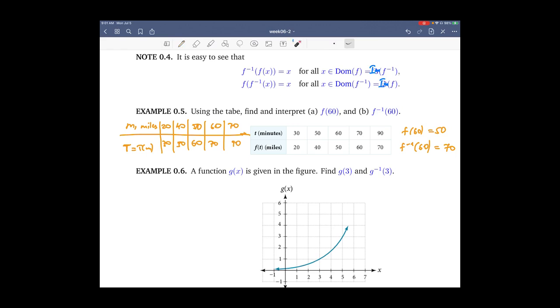So what is the meaning of f at 60 being 50, for instance? It means that after 1 hour, the distance between the two objects is 50 miles. What is the meaning of saying that f inverse of 60 is 50?